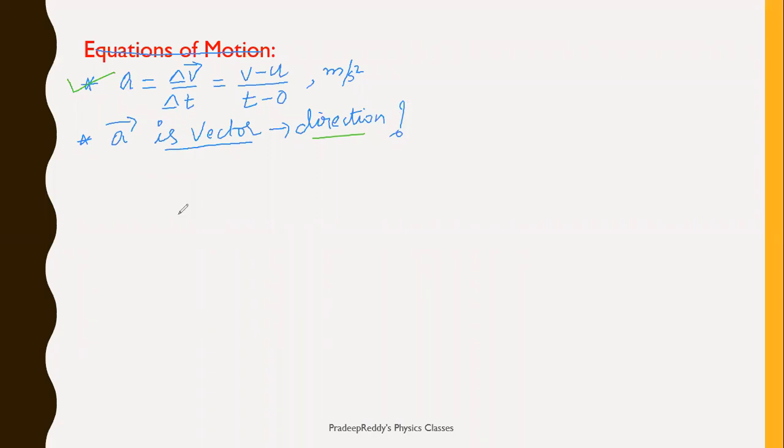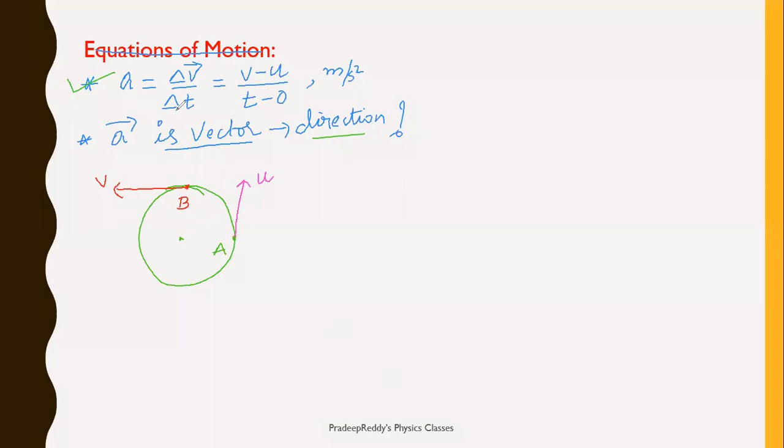Now, for example, I am taking a body moving in a circular path. This is the initial position, say A. At this initial position, the body is moving. In which direction does it have velocity? This is velocity u. After some particular time, it has reached a new position, P, and the velocity at the new position is v, right?